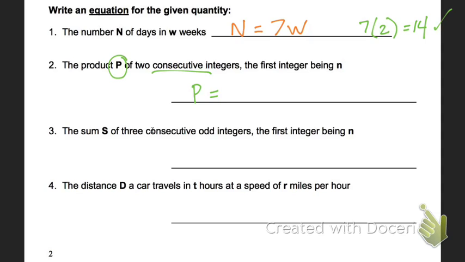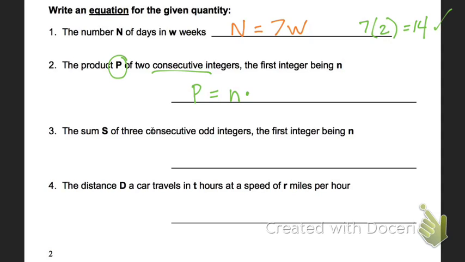So you're going to have the first integer being n. So I'm going to put n there. Product means what? Multiplication, so times. If my first number is n, then my second number in terms of n would be what?